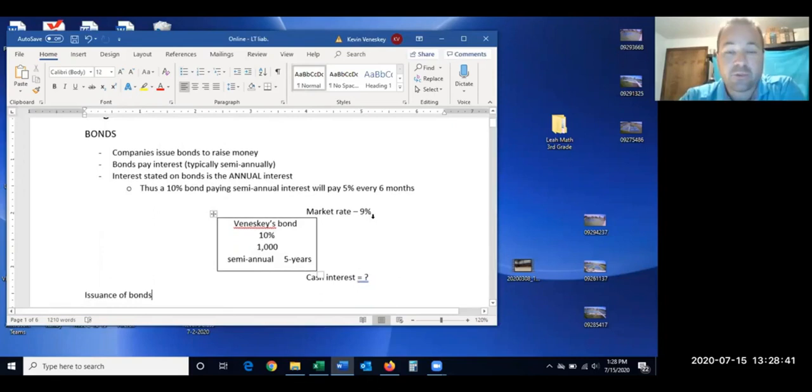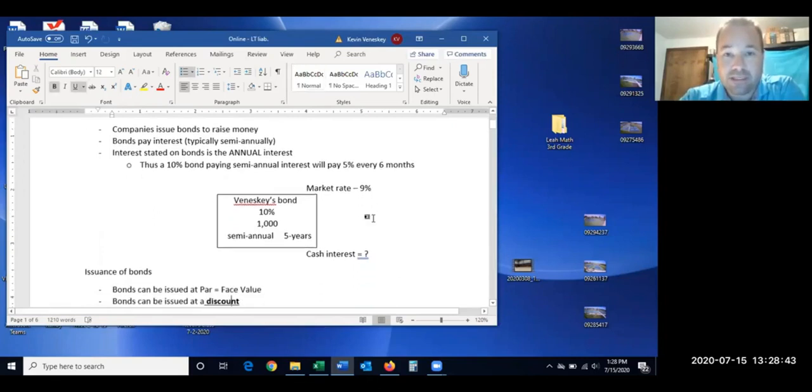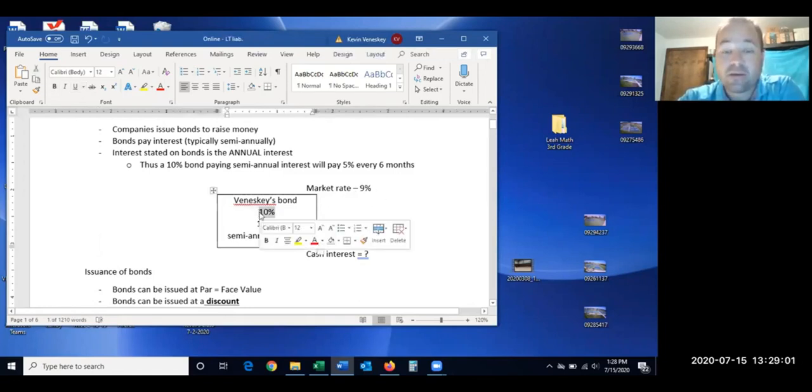Now, when we're beginning to look at bonds in more detail, sometimes it starts to get confusing seeing all the different terms. You may want to make something like this. I make a little bond off to the side a lot of times, where I'll put what the market is currently at, what my bond is currently at, what the stated rate is that I'm going to pay, and how much the bond is really worth.